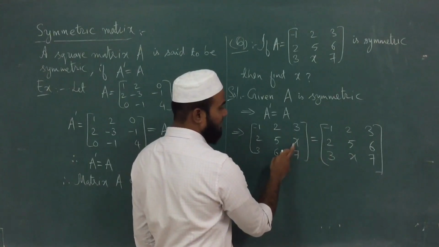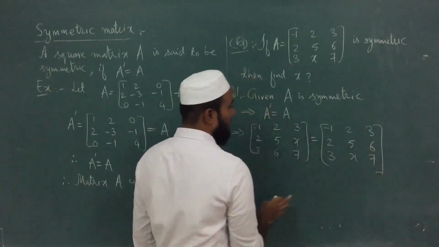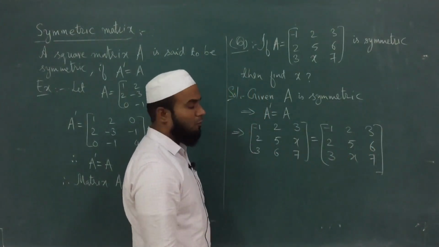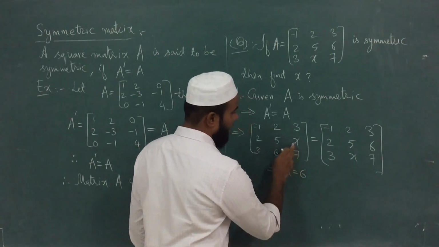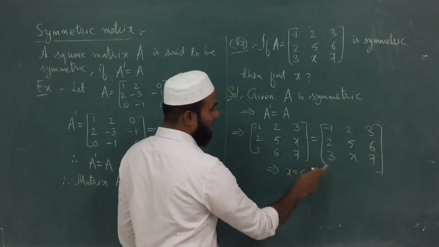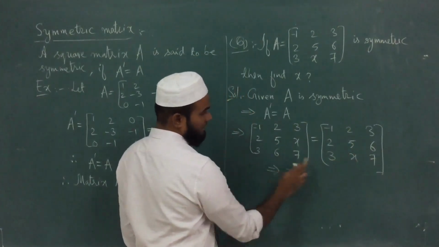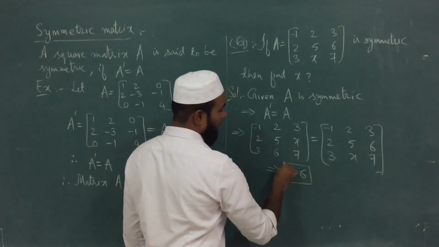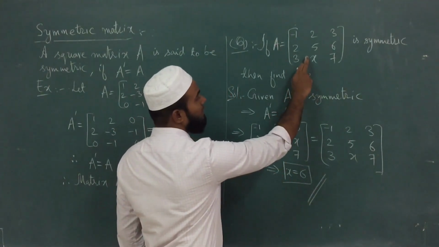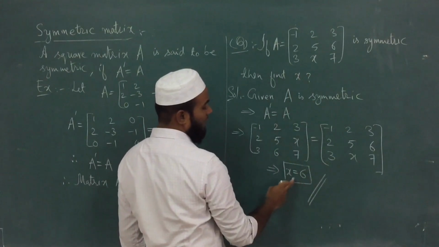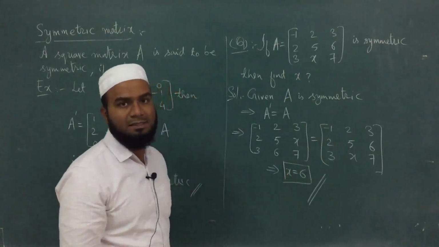But here x should be equal to 6. Again here x should be 6. So if this matrix is symmetric, the value of x should be 6.